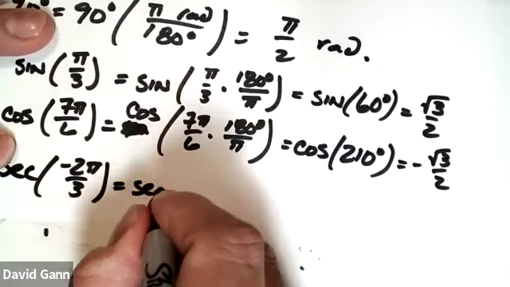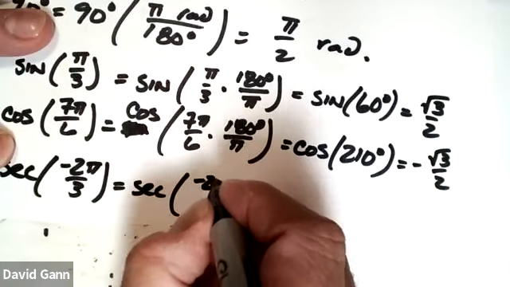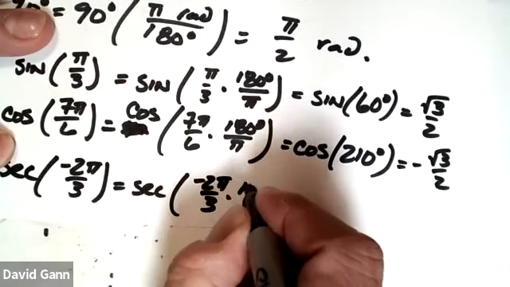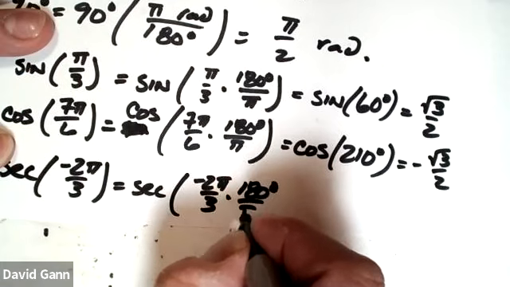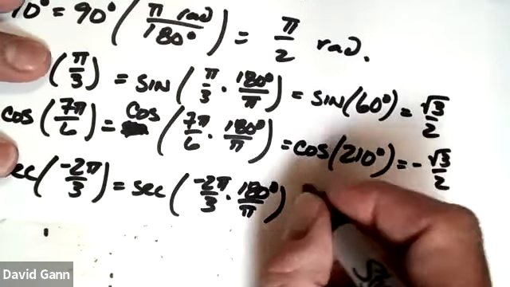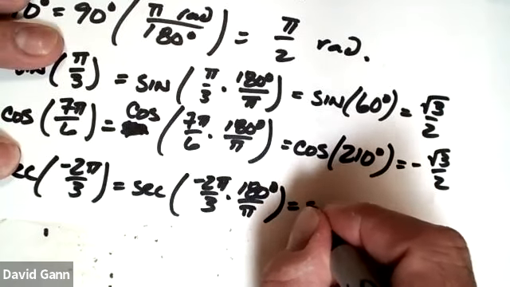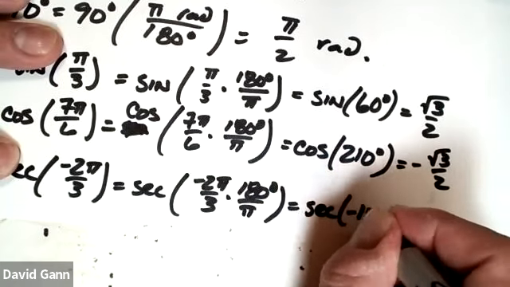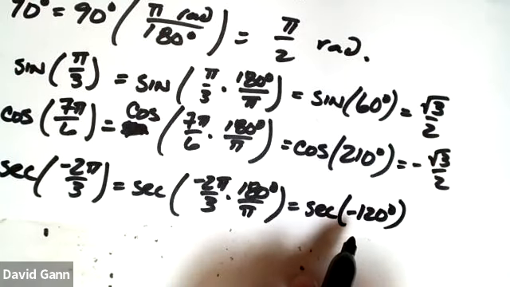So this is secant of negative 2 pi over 3 times 180 degrees divided by pi. So this turns out to be negative 120 degrees. So secant of negative 120. That is quadrant 3, so the sign is negative.